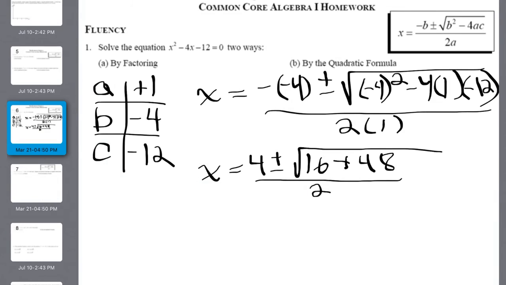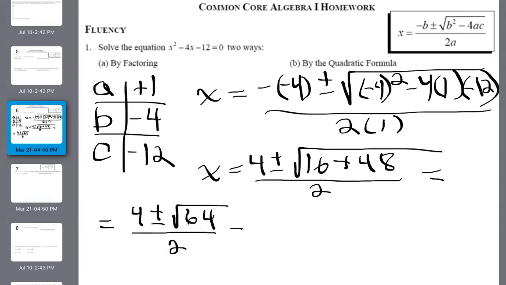Well, let's get to the next line. We're going to get 4 plus or minus the square root of 64 over 2, which is going to be equal to 4 plus or minus 8 over 2.